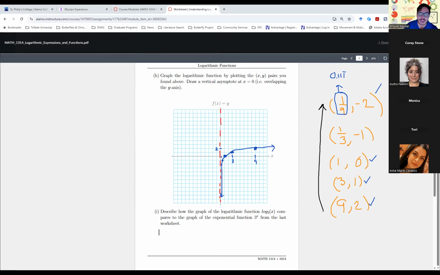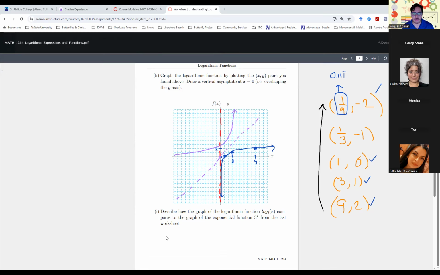So here for question I, it says, describe how this graph of the logarithmic function, log base 3 of x, compares to that graph of the exponential function 3 to the x power from the last worksheet. All I'm looking for here is for you to connect the dots. Remember that this exponential function that we looked at on the last worksheet, when we graphed it, looked something like this, where it was that reflection across the identity function.